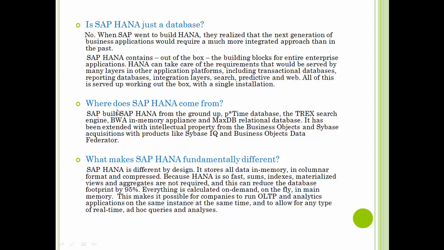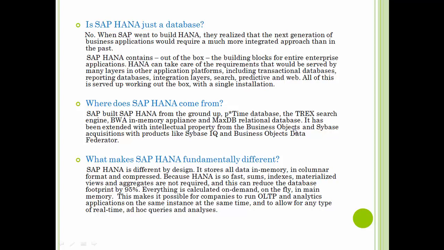And next is, where does SAP HANA come from? See, SAP built SAP HANA from the ground up. That is by consuming a few of the available technologies like the P*Time database, the TREX search engine, the BWA in-memory appliance, and the MaxDB relational databases.